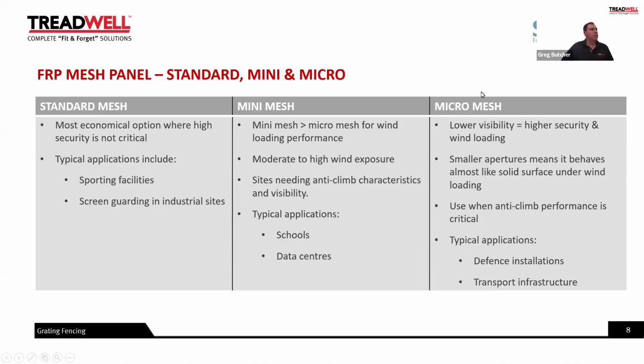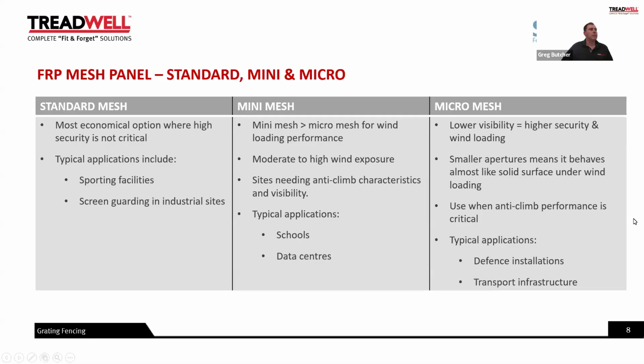Then we have the mesh panel SecurEX product. So there's effectively three different styles here, and they all relate to the opening size of the mesh. The standard mesh typically has approximately a 25 millimeter opening. The mini mesh, approximately 12 millimeter opening, and the micro mesh is a smaller opening again, at around 6 mil.